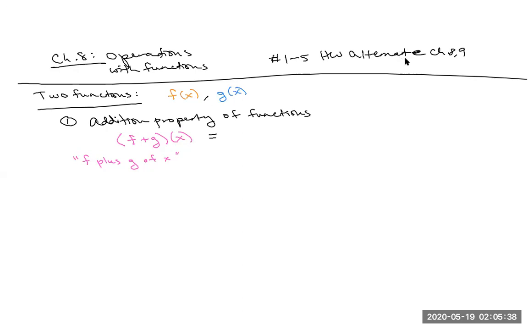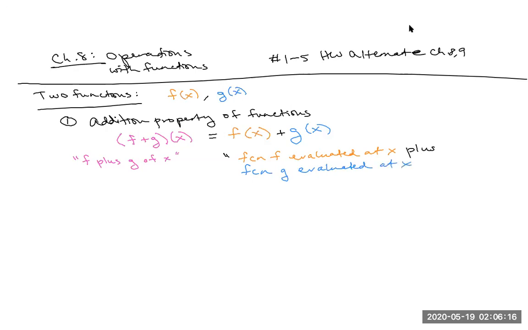What that function is going to be equal to is the function f evaluated at x plus the function g evaluated at x. Okay, so this is one of our rules.